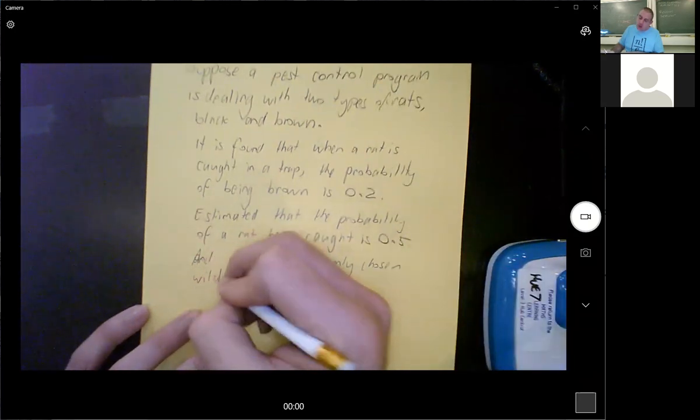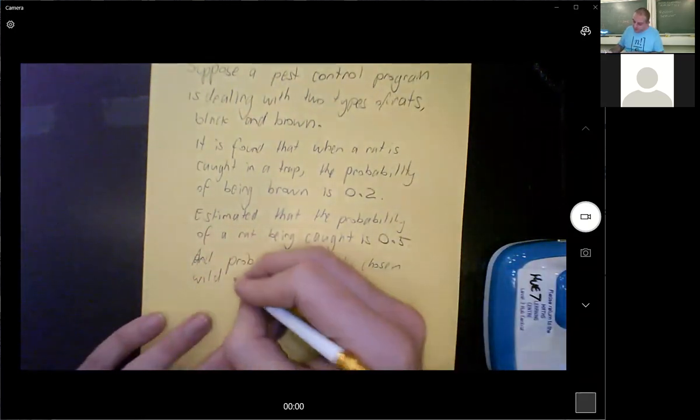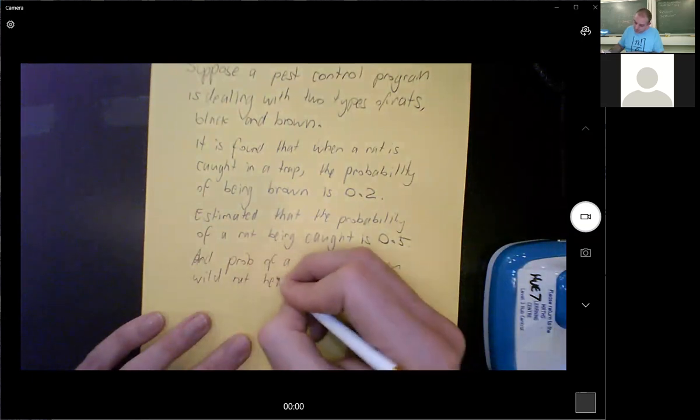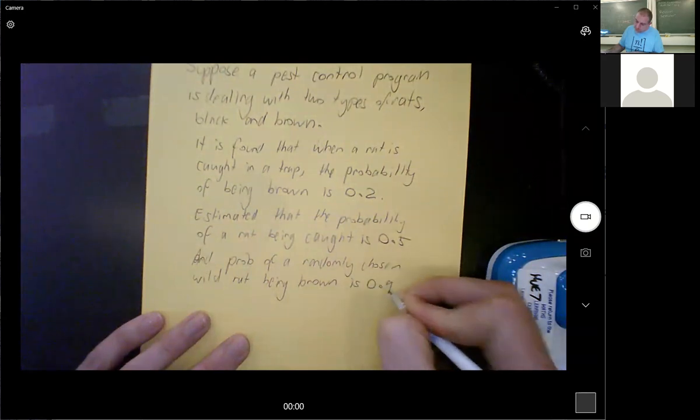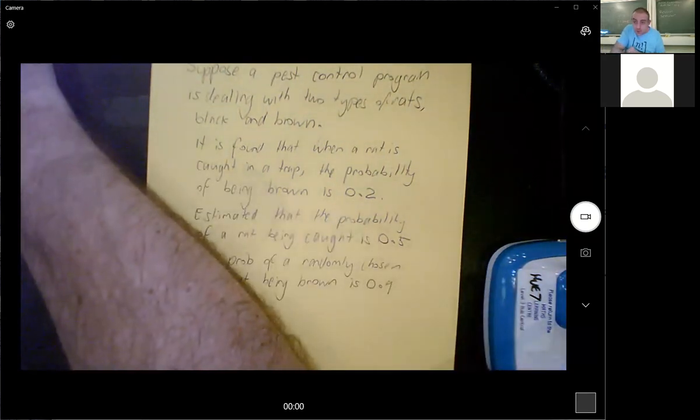What is the probability of a brown rat being caught in a trap during this time?